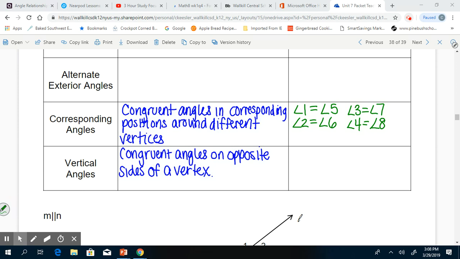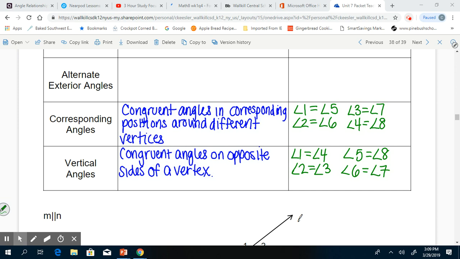So you're looking for all the angles on opposite sides of the vertex that are exactly the same. So from the top, angle 1 would be congruent to angle 4 because they are vertical angles. Angle 2 would be congruent to angle 3 because of vertical angles. Then on the bottom, angle 5 is congruent to angle 8, and angle 6 is congruent to angle 7 because they are vertical angles.